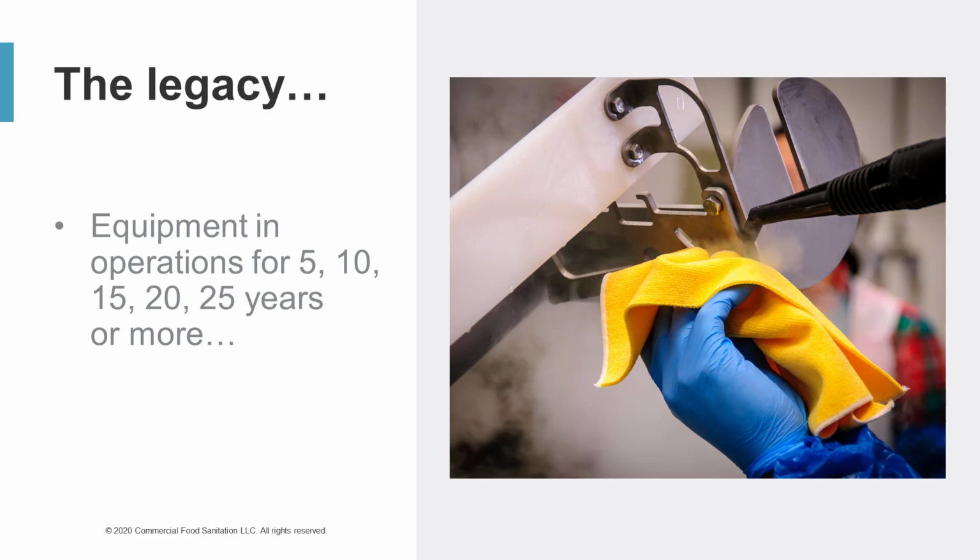The decisions you make today will have a lasting impact. How many years will the equipment stay in operation? At least 5, 10, or 25 years or more. It is more than likely that the equipment will be there for more than one generation of workers. Think about that when you design. Think about how many hours of maintenance and sanitation are spent over the life of the asset, and how your decisions today can have a long-lasting impact.